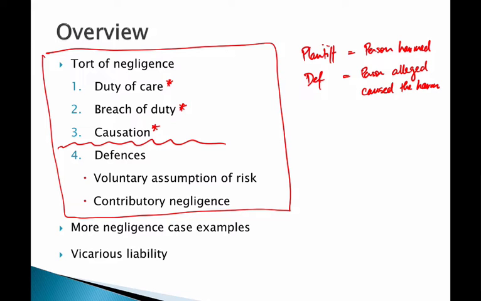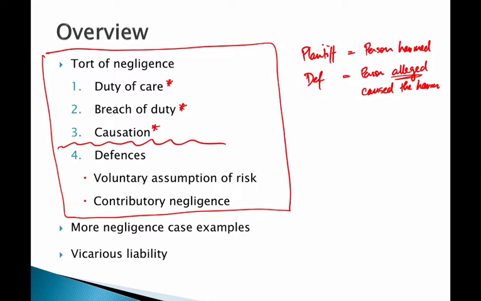Now again, this isn't shown yet because, factually, we don't know if they really caused the harm legally until the action's over. So while it's ongoing, I'm using this word alleged. Allegedly causing the harm, etc. So the plaintiff is the person who has been hurt. The defendant is the action that we're looking to judge.